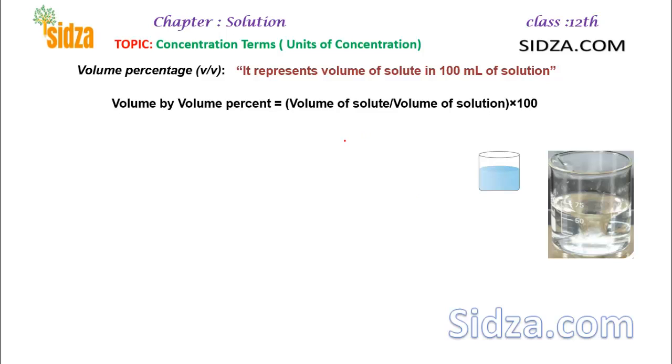Another way of expressing the percentage is the volume percent. That means if you take solute here, not in grams, but you take in mLs, right? So we take the volumes of the solution, solute here, okay? So if you take the solute in mLs, in liters, right, and you express the volume of the solvent, you take the solvent also in volumes, right?